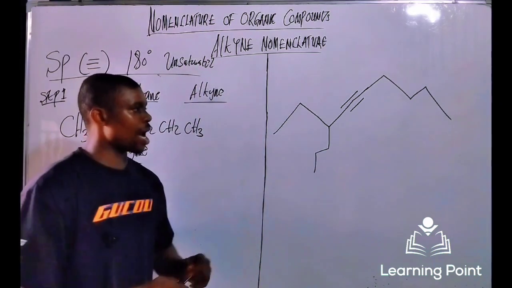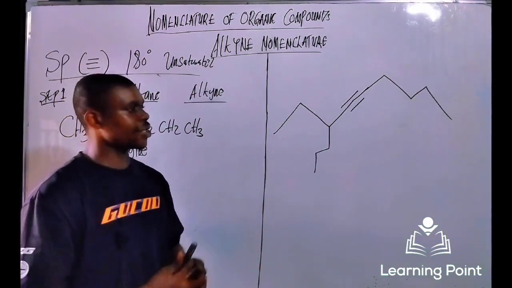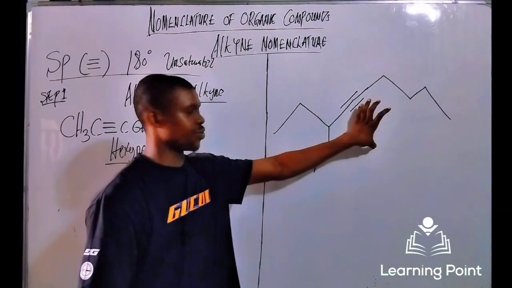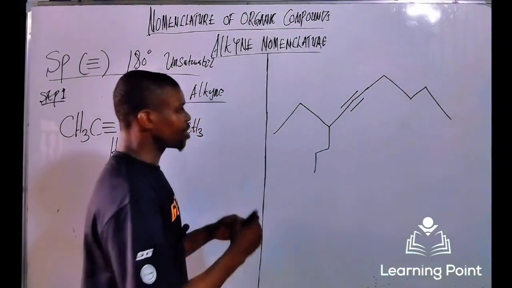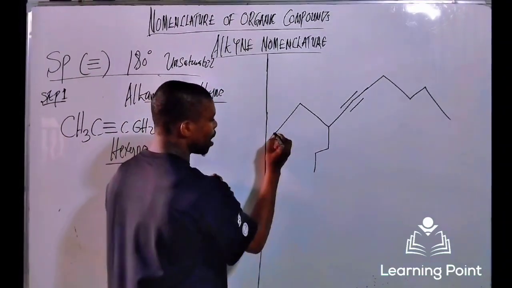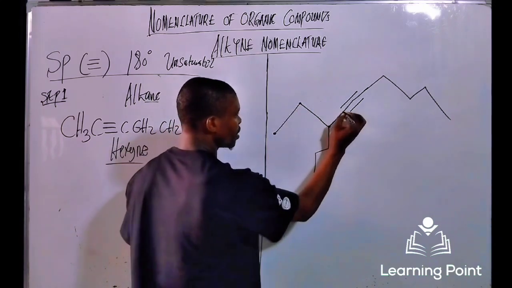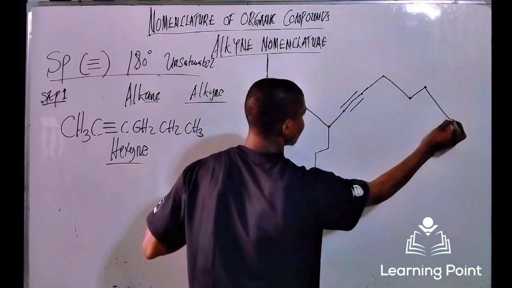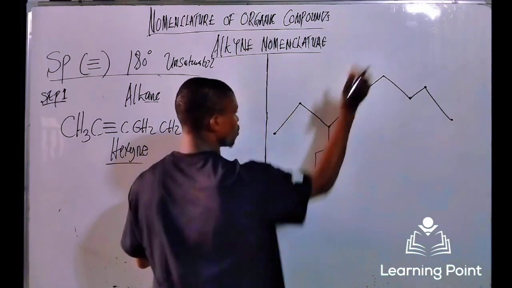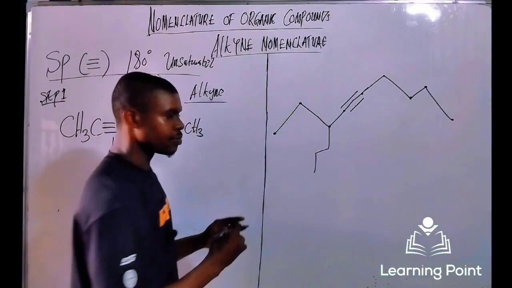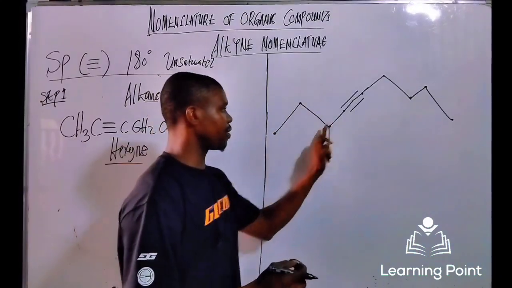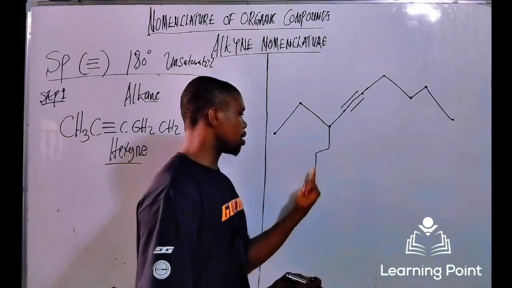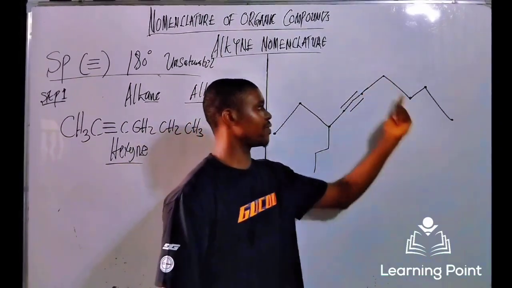So now let's say we have this one here. How do you name these compounds? Here we have a triple bond, right? If I start from here, 1, 2, 3, 4, 5, 6, 7, 8, 9. Because this one is straight. Here we have 1, 2, 3, 4, 5, 6, 7, 8, 9, 10.